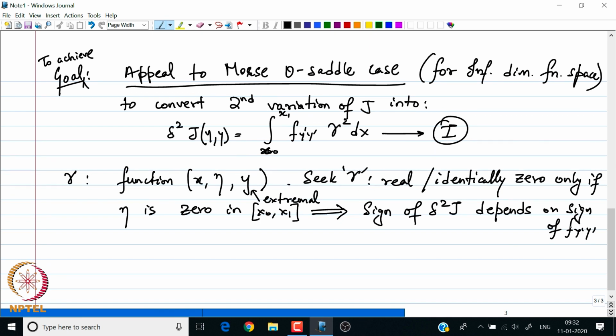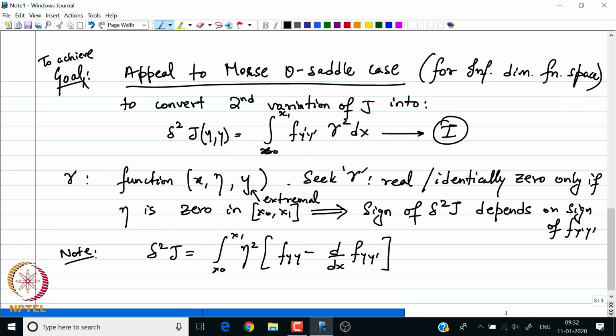Let us now look at our second variation, from our previous lecture. Our second variation del square J is the integral from x0 to x1 of eta square times f y minus d dx of f y prime, plus eta prime square f y prime, integrated with respect to x.